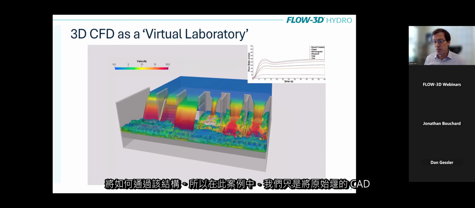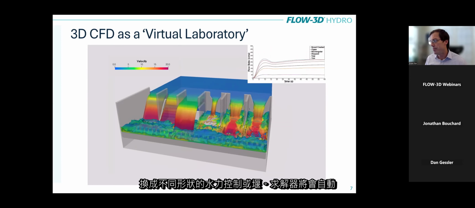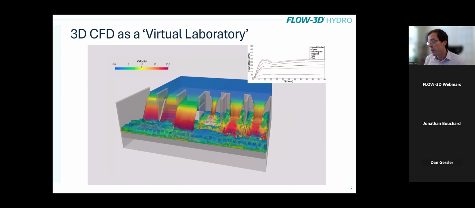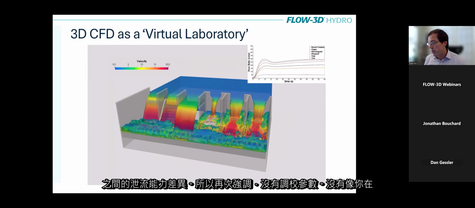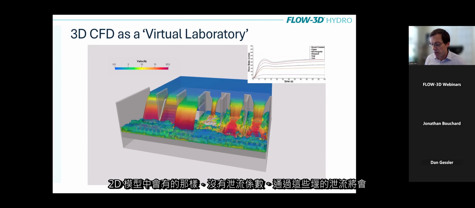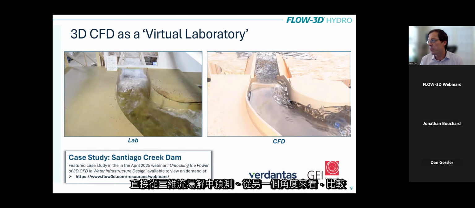So in this case, we just swapped out the CAD of the OG weir for different shaped hydraulic controls or weirs, and the solver is going to automatically simulate how flow moves through that, and we can compare the discharge capacity differences between all of those. So again, there's no tuning parameters. Like you would have in a 1D or 2D model, there's no discharge coefficient. Discharge through these weirs is going to be predicted directly from the 3D flow solution.